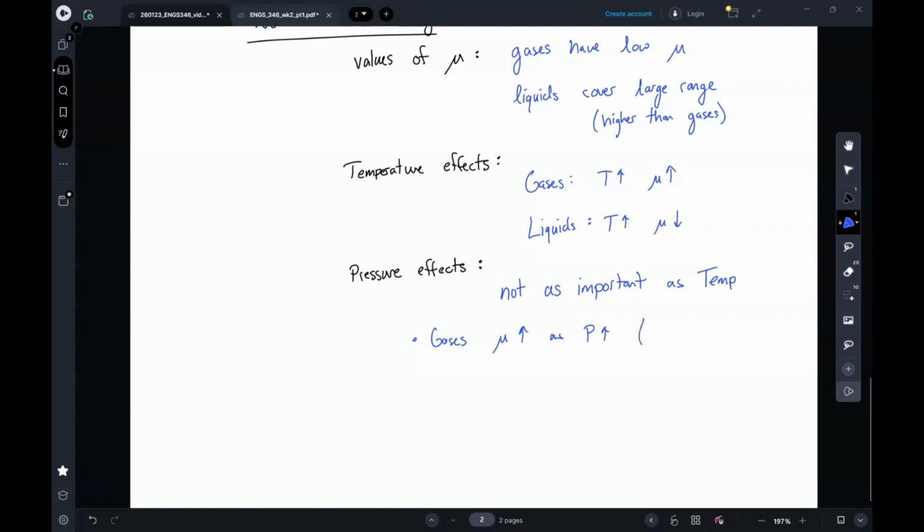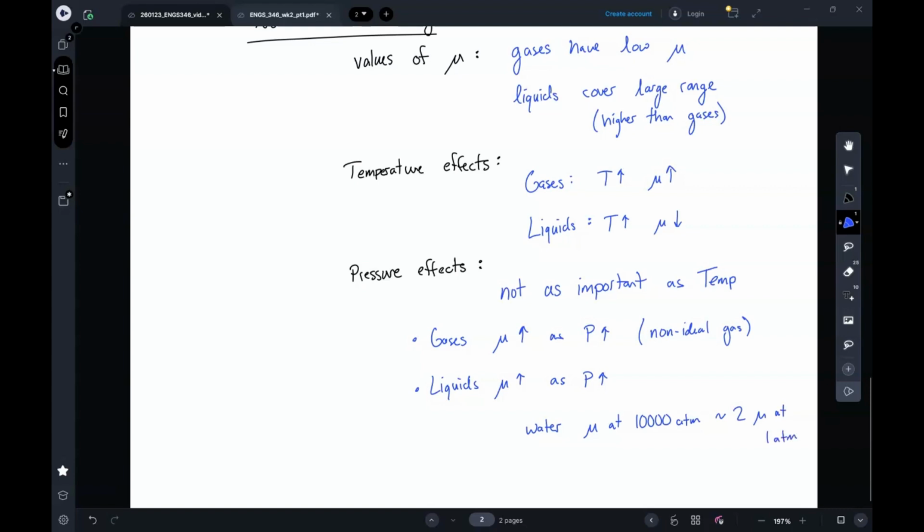So non-ideal gas. For liquids, I'll just give one example. Viscosity increases as pressure increases, but for water, viscosity at 10,000 atmospheres is about 2 times viscosity at 1 atmosphere.